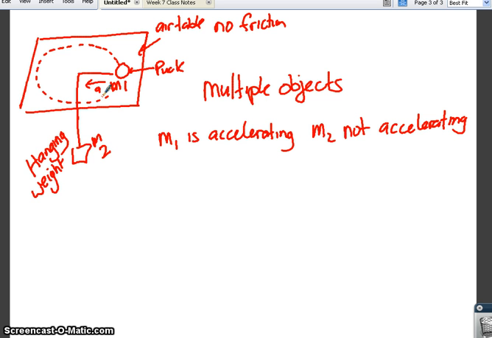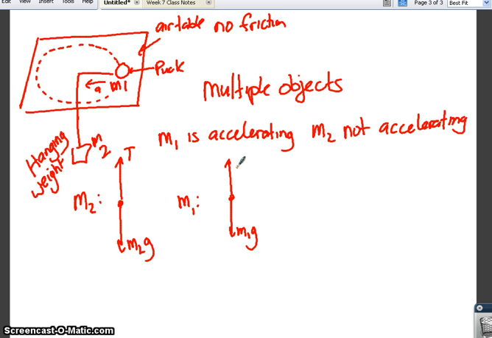If we did a free body diagram, we'll do M2 first. M2 is just tension holding it up, and M2g, gravity, pulling it down. If we look at M1, M1g is pulling it down, normal force is holding it up, and tension is pulling it to the left.